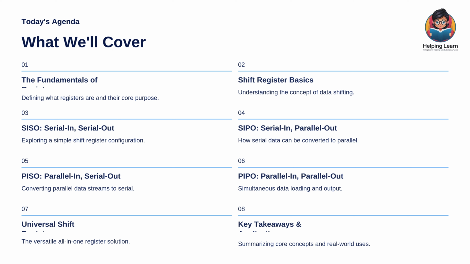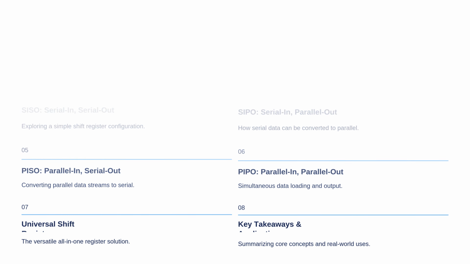PISO, parallel in, serial out. PIPO, parallel in, parallel out. Universal shift registers, the versatile all-in-one register solution. Key takeaways and applications, summarizing core concepts and real-world uses.